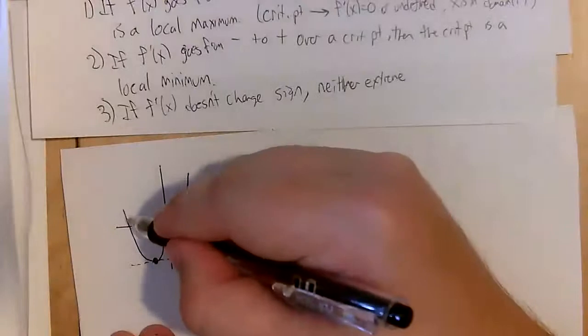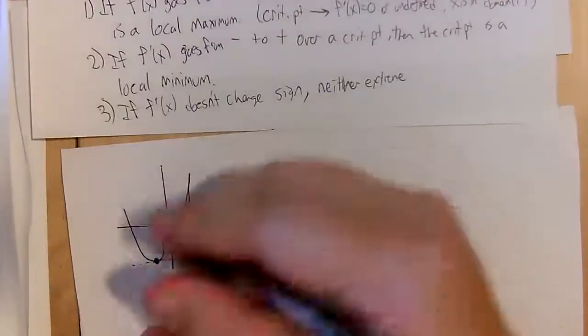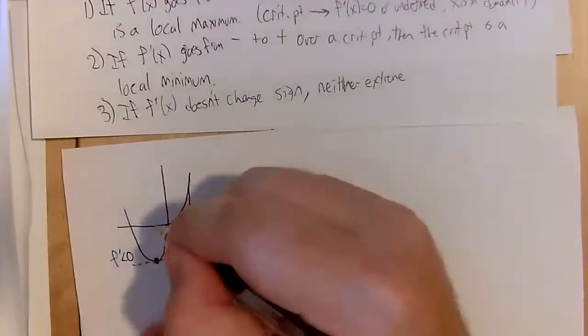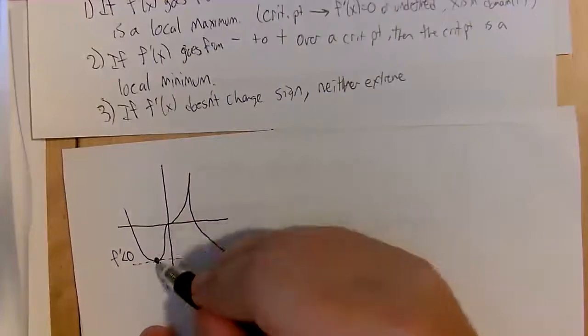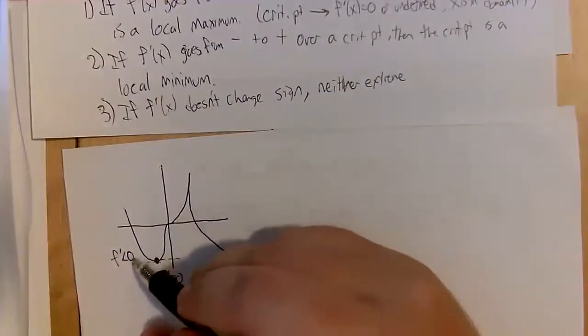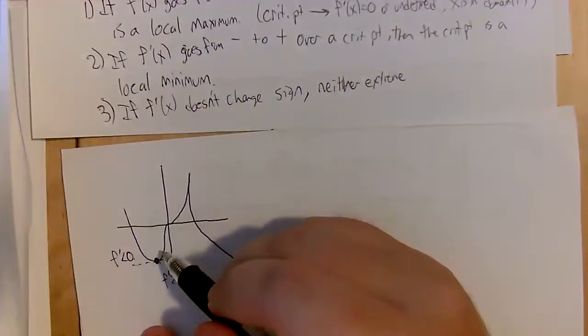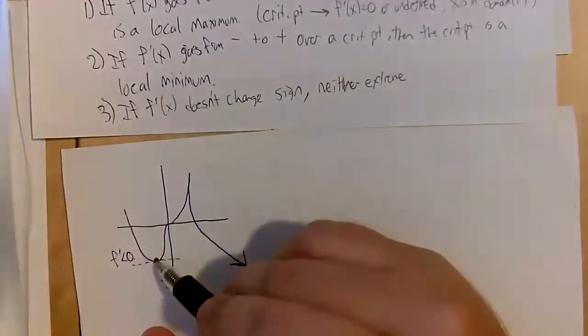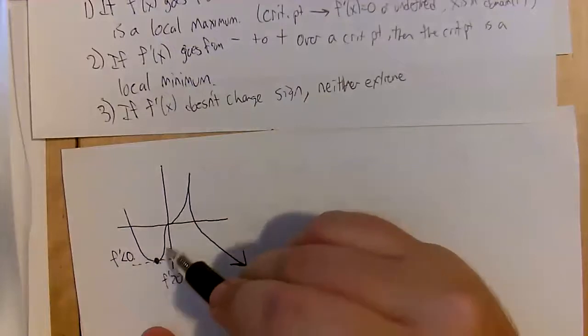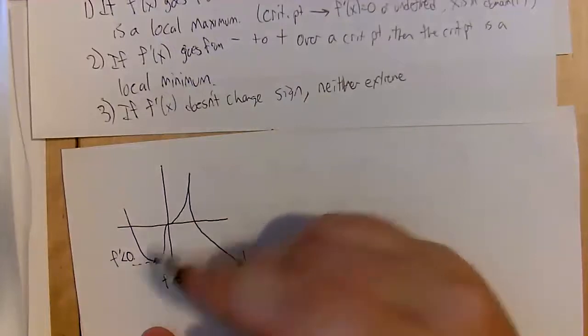Now you see that we're decreasing over this interval, meaning f prime is less than 0. We stop here, and then we have a short interval where f prime is greater than 0 from here to the origin. So since we're decreasing and then we're increasing, then we're going to have a local minimum. As you can see by the picture, this is going to be smaller than any of the other points nearby.